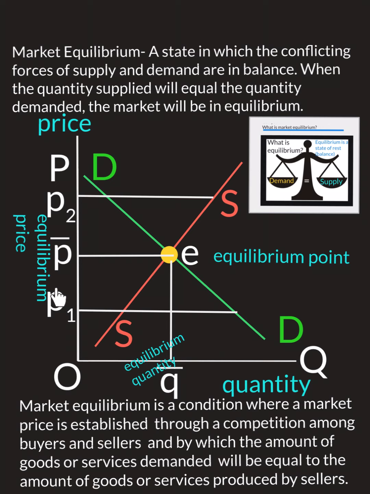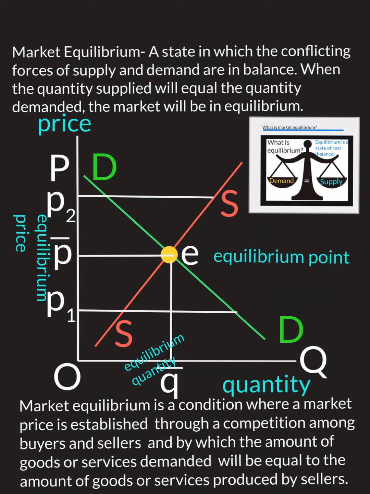When price goes down, quantity demanded increases, while the price goes up, the quantity supplied increases. So there is bargaining between buyers and sellers, by which a price is ultimately established, and that price is called the equilibrium price.